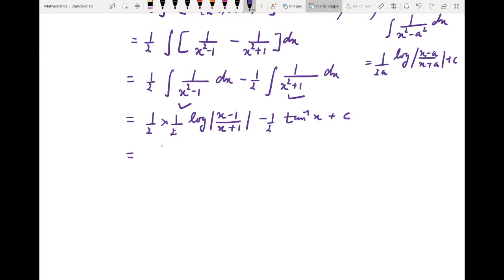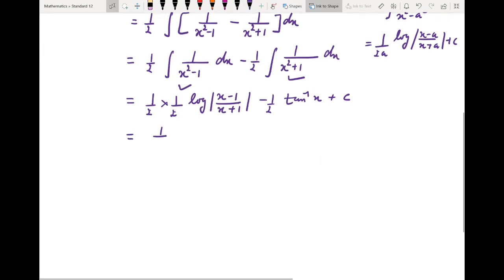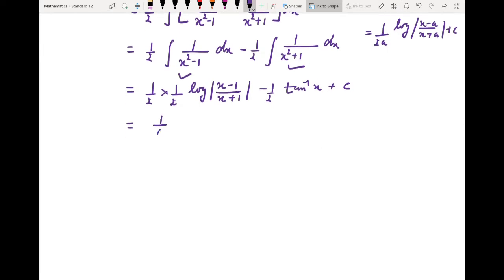Or this can be written as 1 by 4 log mod x minus 1 upon x plus 1 minus 1 half tan inverse x plus constant of integration. So two methods.